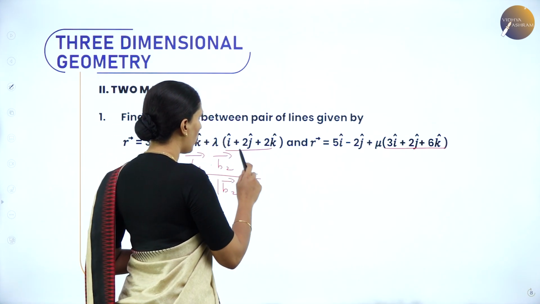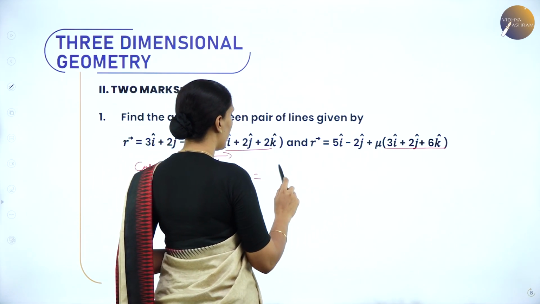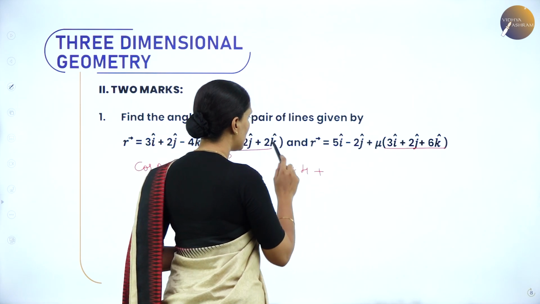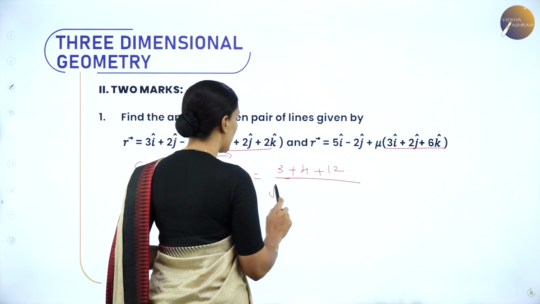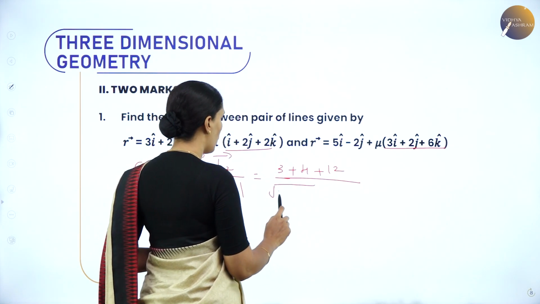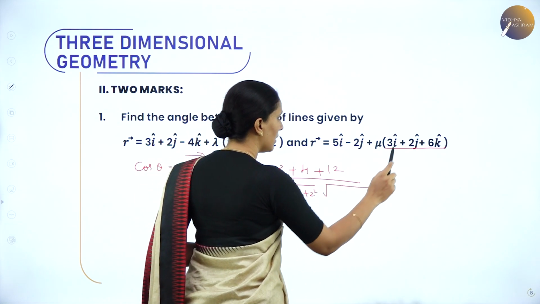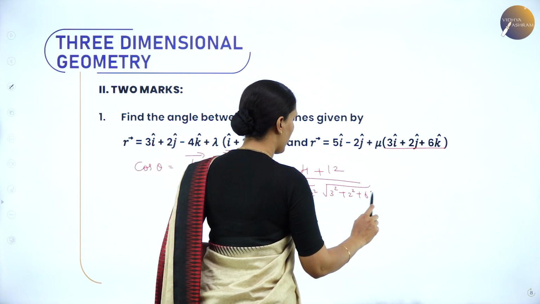So let's take the dot product of the corresponding values. So 1 into 3, 3, plus 2 into 2, 4, plus 2 into 6, 12, divided by, so let's take the magnitude of vector b1. So root of 1 square plus 2 square plus 2 square. Similarly here root of 3 square plus 2 square plus 6 square.